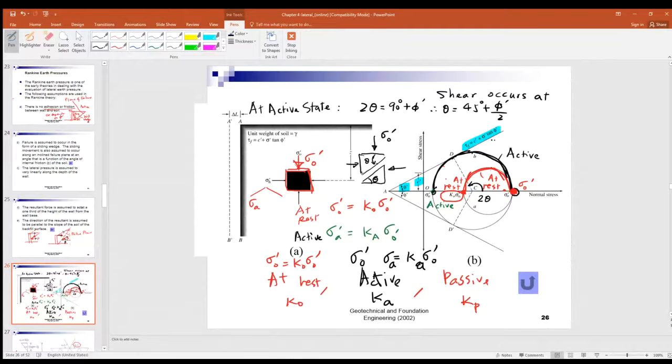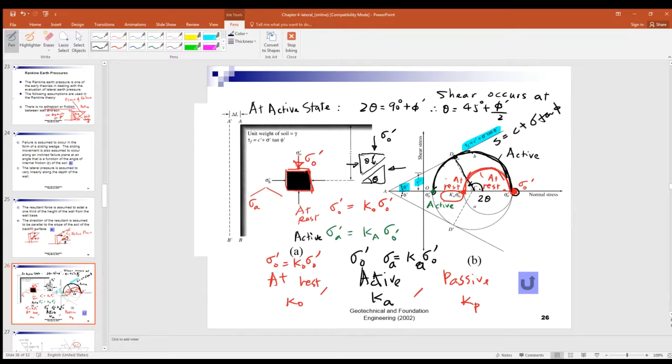Shear strength equals C plus sigma tangent phi, right? In other words, if this small circle touches this straight line, it means the soil fails at this point.